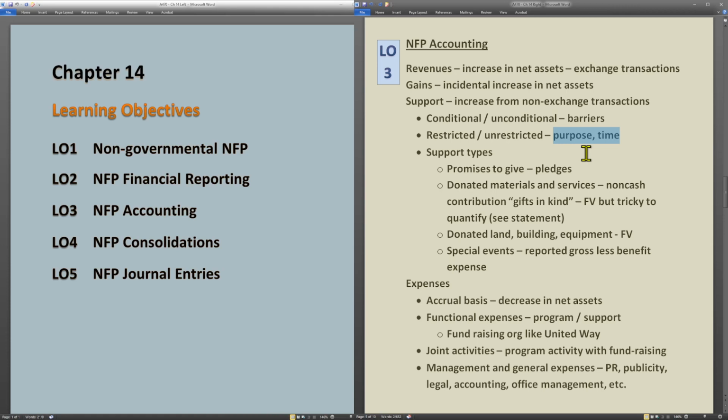In other words, there is a condition that needs to be fulfilled before the support will be considered as viable. And then beyond that, there may be restrictions as far as purpose or time. So it's a very specific type of condition as opposed to a general purpose or time restriction.